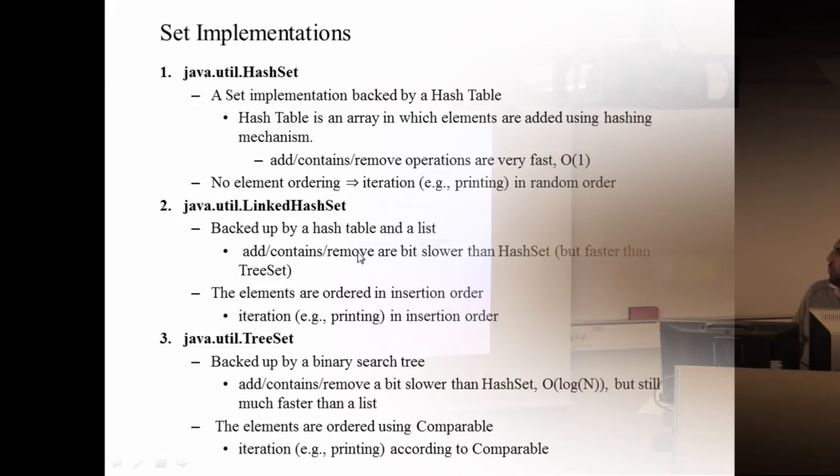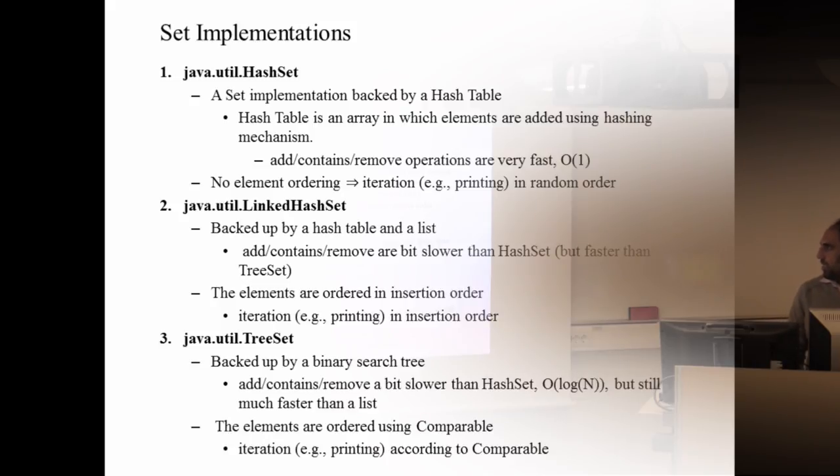If you have a performance-specific application, it is maybe better to use the hash set. The advantage of the linked hash set is that it provides some kind of ordering, normally the order in which the elements are inserted. So if you add an element first, you will get that element first.